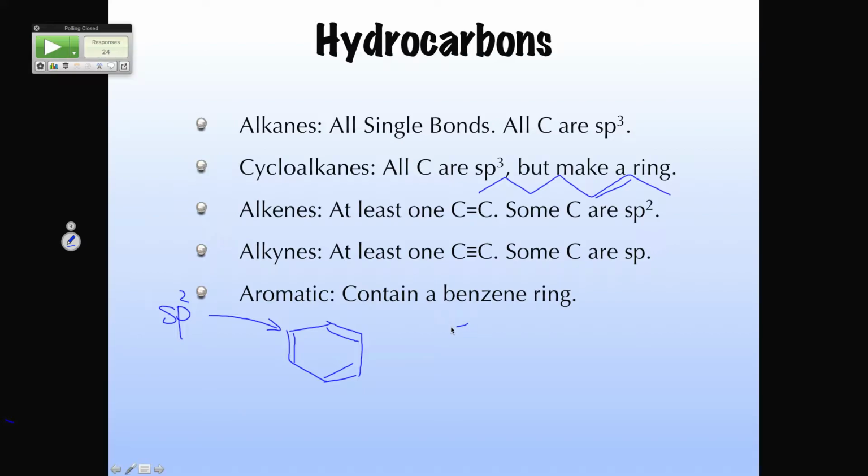Now, you can also draw it like that. Do you see that those two things are like resonance structures? What you will see a lot of times when you look it up is this circle in the middle.